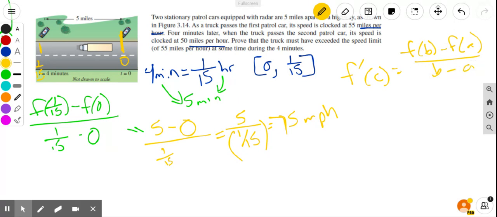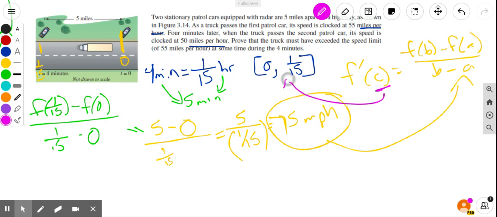So because I found this value here, that's what I have for this part. I know that in between this interval from 0 to 1/15, there should be a time where the speed was 75. And that's all you really have to do with it. You have to make that analysis, right?